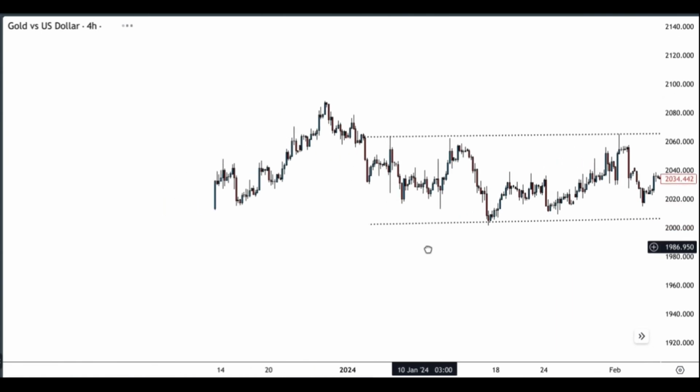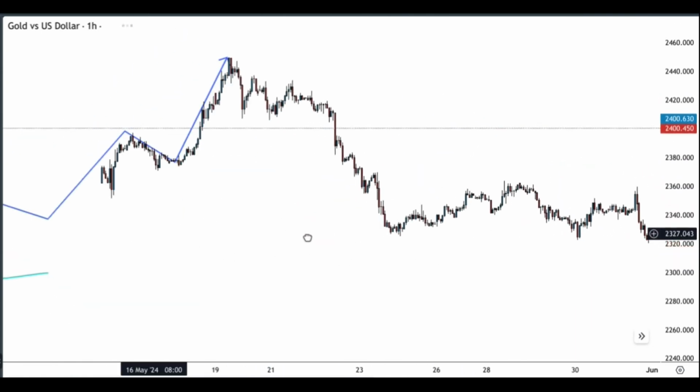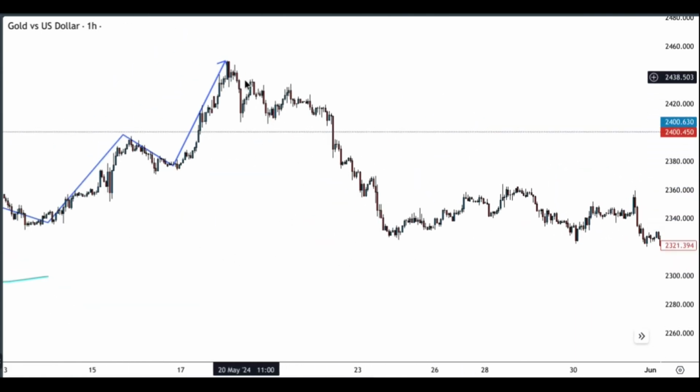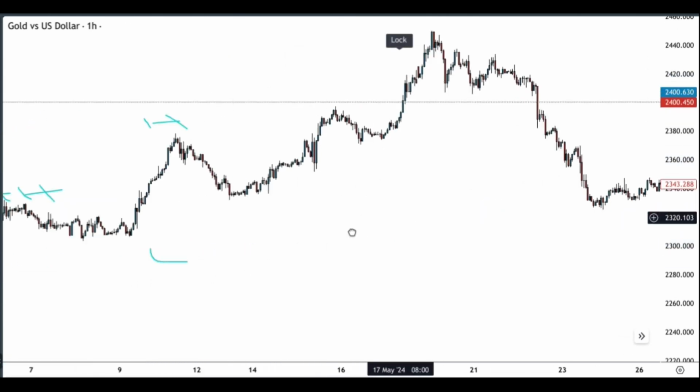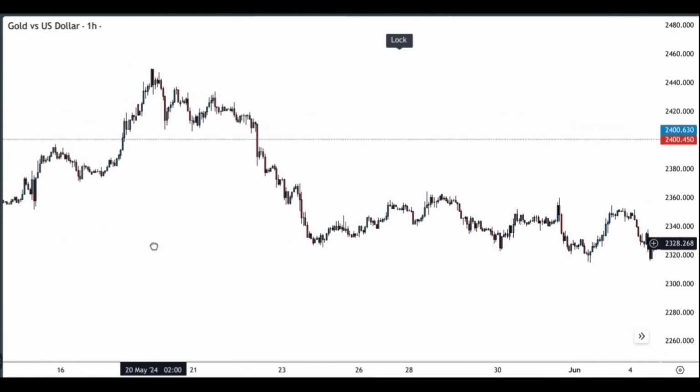And what about a downtrend? Let's try to use this. You can see we can draw the schematics. If you look from here, we have a series of lower low, lower high, lower low, lower high, lower low, lower high, lower low.